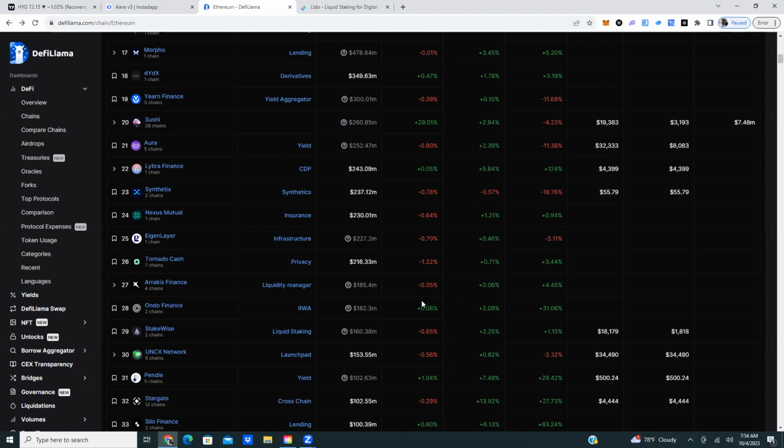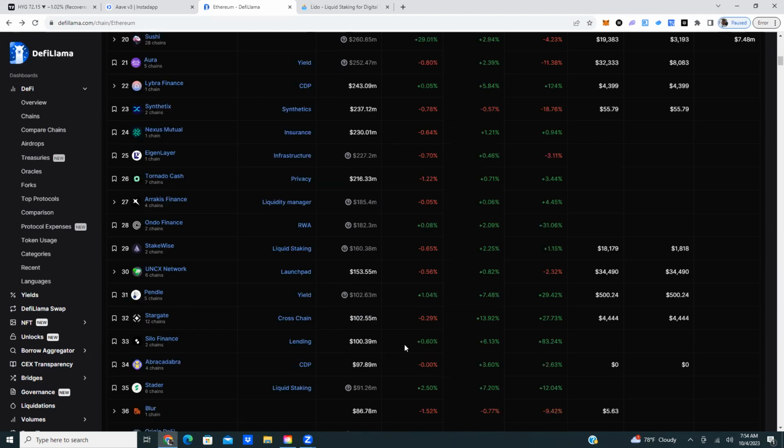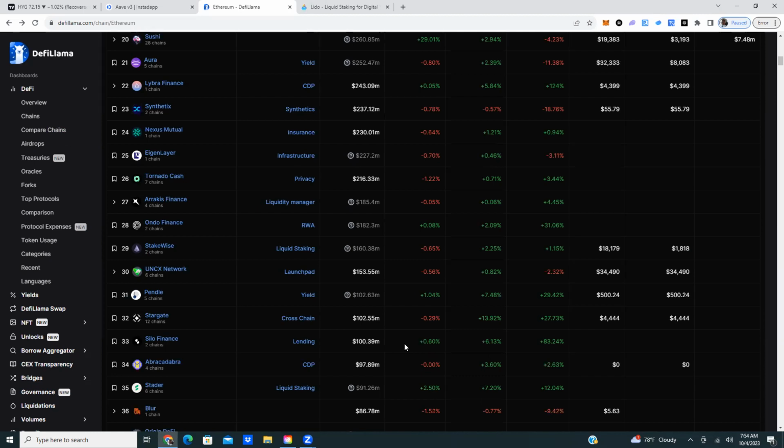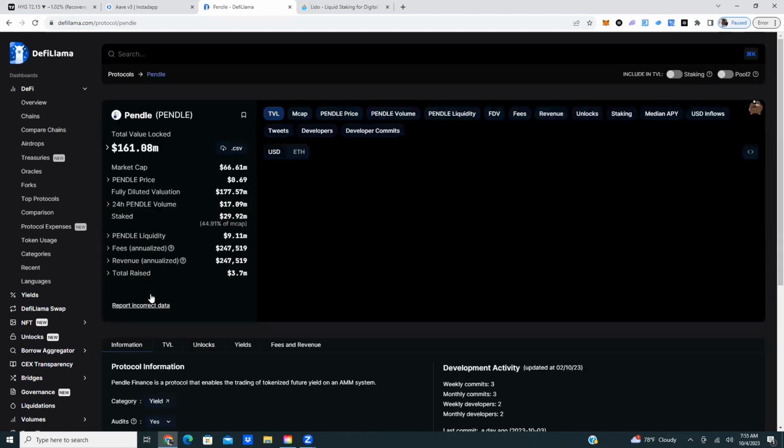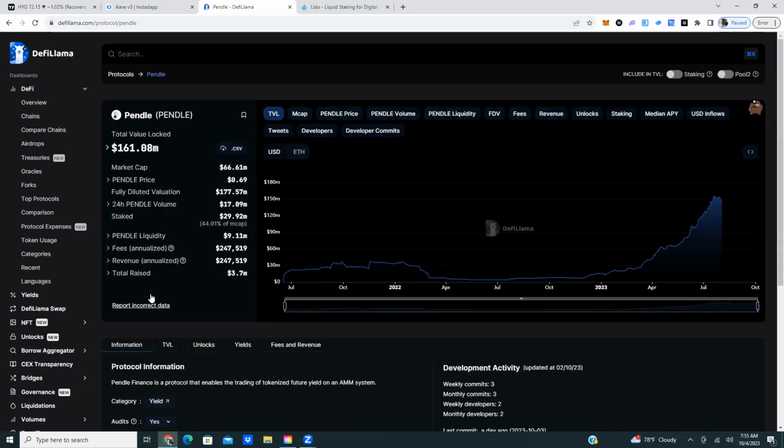Who else has some large inflows? Ondo's looking pretty good. Pendle. Pendle is looking pretty good. And Silo Finance is looking pretty good. Let's take a look at Pendle. Pendle has $161 million in total value locked.